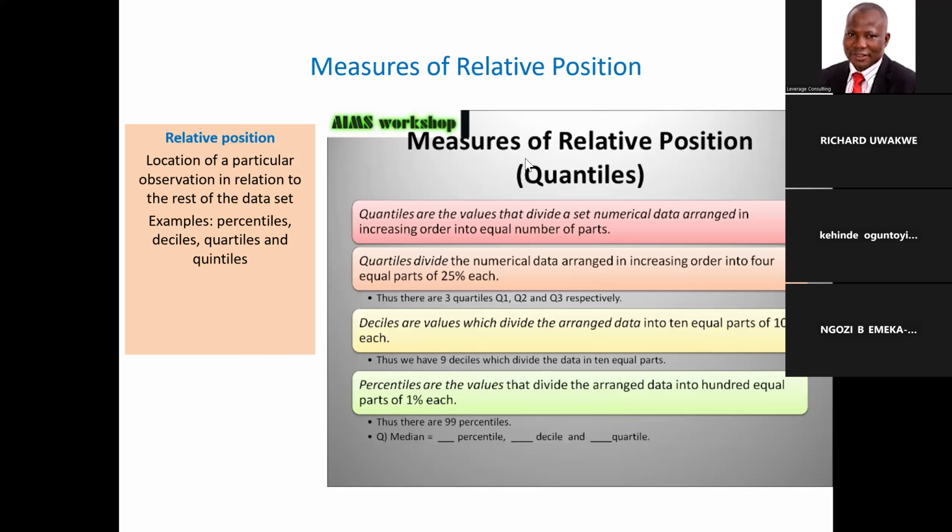If you measure the distance from one end to the other, the middle, which is 50%, where you have measured 50% of the bread, you cut it. So the line that divides your data into two is the median. Though we are not showing that one here, that's the simplest measure of relative position.